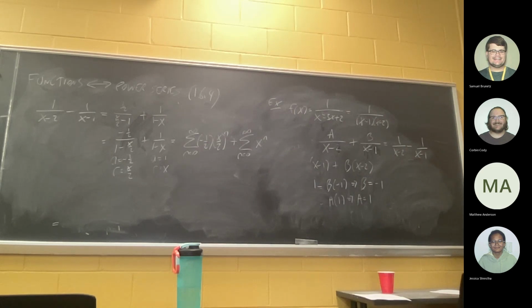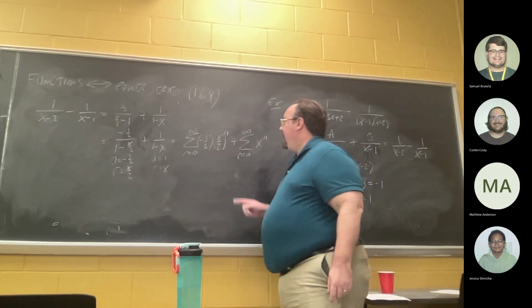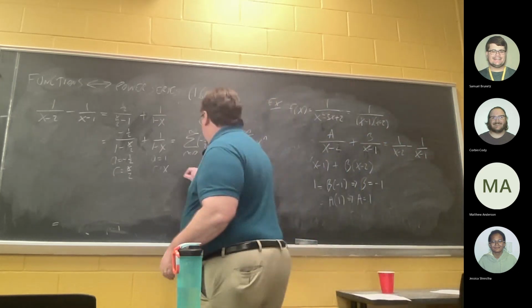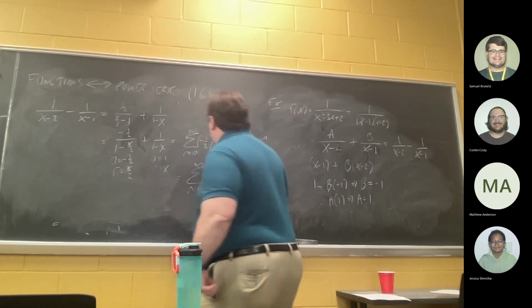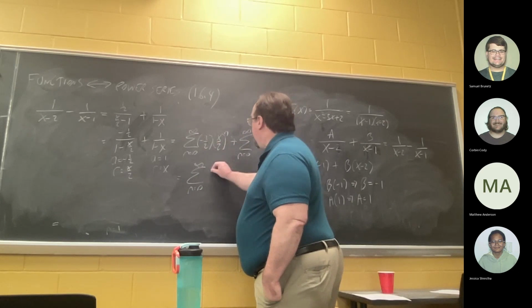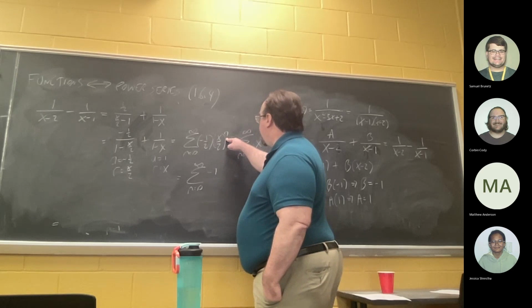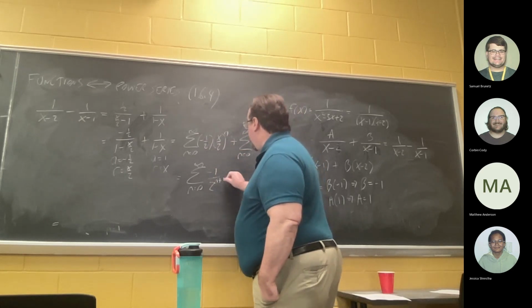What I want to have is one power series. So to combine them, I want to write this as some constant times x to the n. We're going to have minus 1, then 2 to the n in the denominator, and then a number 2 here, so that'll be 2 to the n plus 1, times x to the n.